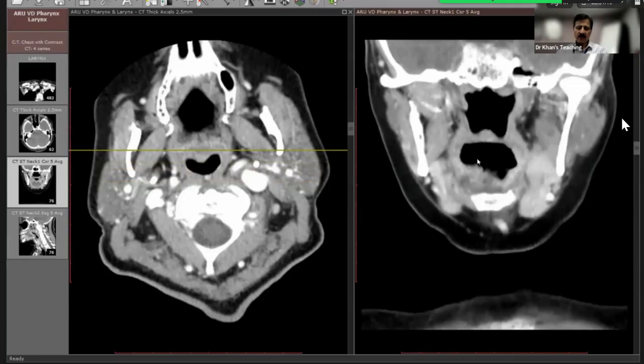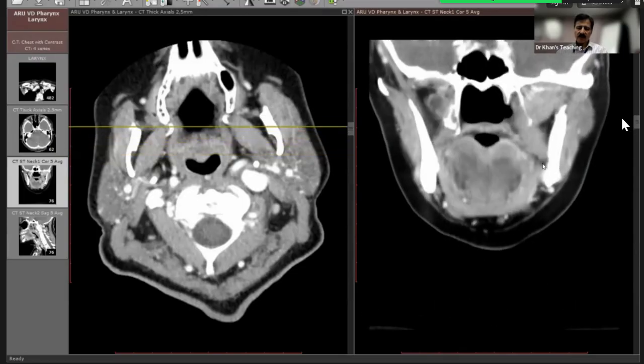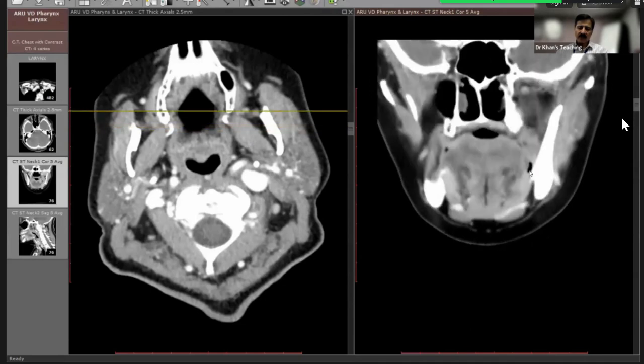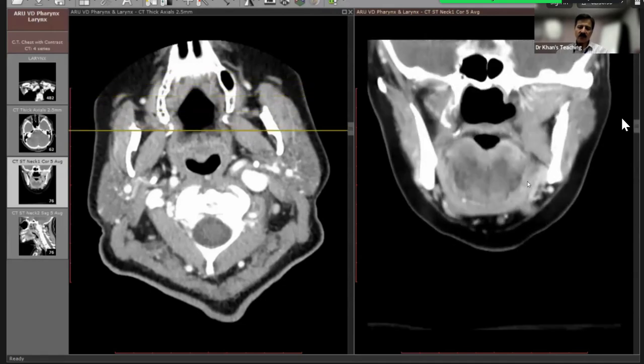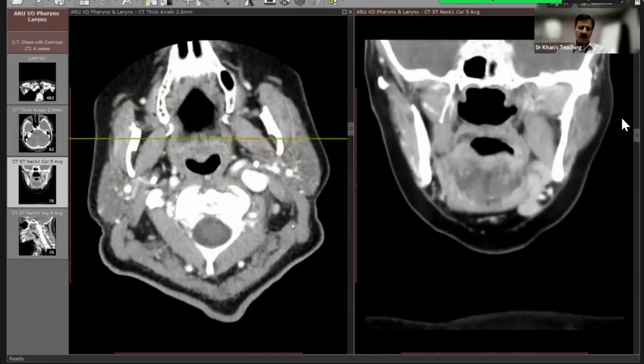Having said that, do you see it goes all the way here? You remember it touches the base of skull. Now look at this fat, and anteriorly it will go. So this is the oral cavity, and you can imagine that the submandibular space is here. So it communicates with the submandibular space. This is the submandibular gland.